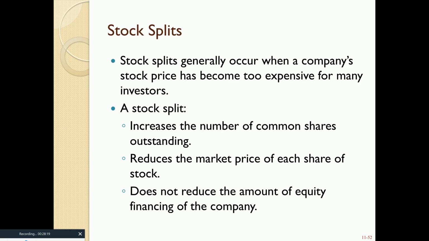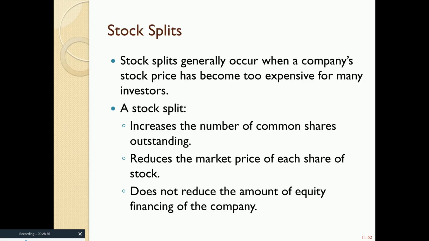Okay, another concept: stock splits. This is when a share of stock actually splits into different pieces. Let's say it's a 2-for-1 stock split. That means one share of stock is now turning into 2 shares of stock. If it's a 2-for-1, we're doubling the number of shares outstanding, meaning the number of shares out there are now double.